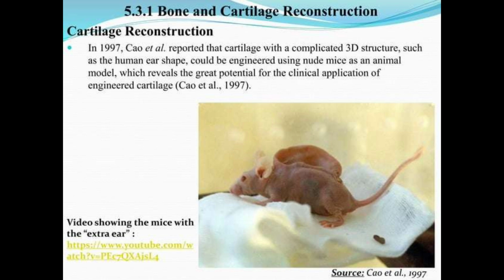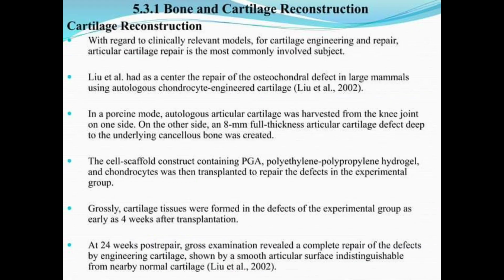This is the animal model, a successfully created model of the ear, an extra ear. For the construction of the cartilage, we require PGA, polyethylene, polypropylene, hydrogel, and chondrocytes are utilized for this purpose.